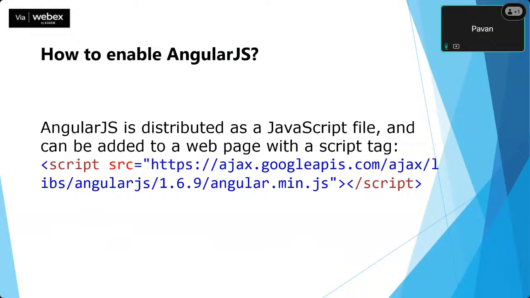AngularJS is distributed as a JavaScript file and can be added to the web page with a script tag. Just by adding the source or the URL into the script, AngularJS will be enabled in the HTML web page. So that's all.